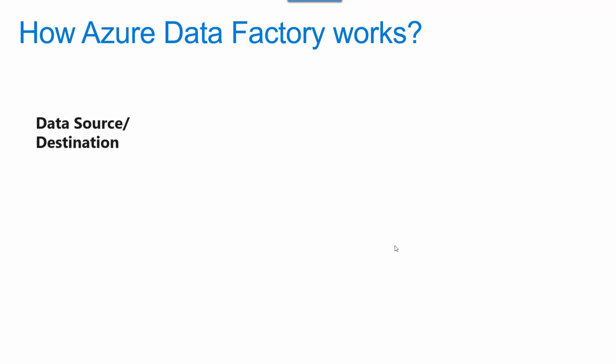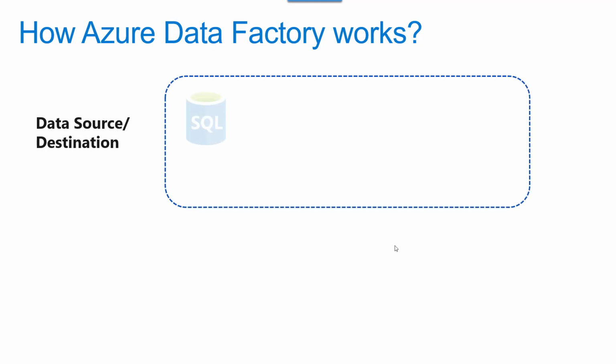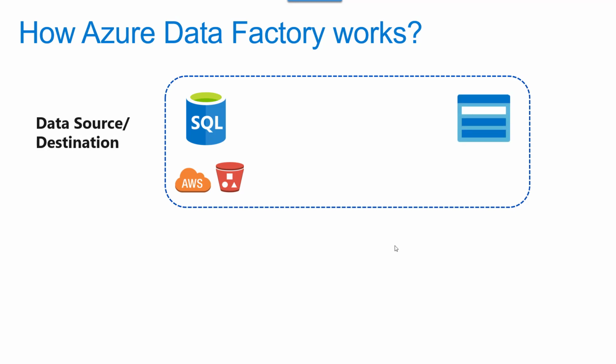To understand that, let's look at it: usually we have a data source and a destination. So for example, let's say I have a data source which could be SQL, could be Amazon S3 storage, or any other data source type, a variety of data sources. And we have a destination which could be an Azure Storage account, it could be SQL, it could be Azure SQL Data Warehouse.